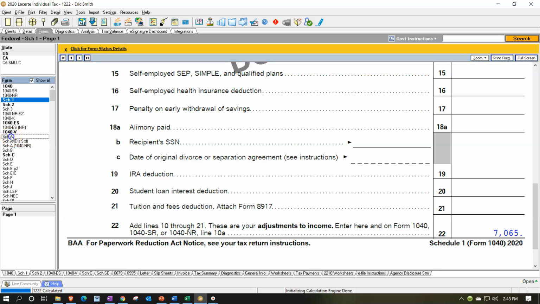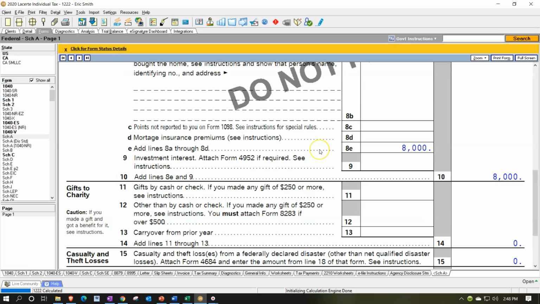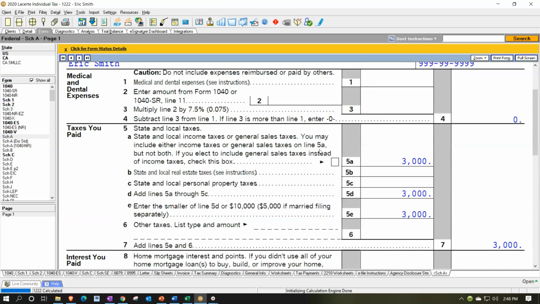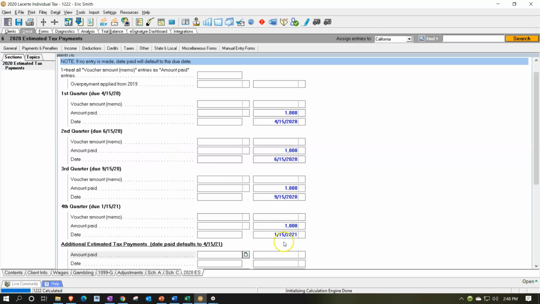Going then to the Schedule A, that didn't put us over the threshold, but notice only 3,000 showed up here. Why did only 3,000 show up here? Because although that fourth quarter payment was applied to 2020 taxes, it wasn't paid until 2021. So you've got that kind of overlap that you've got to be aware of.